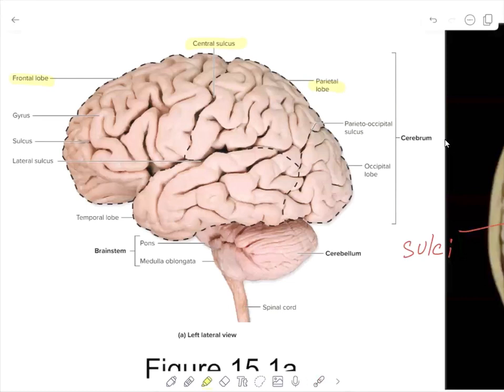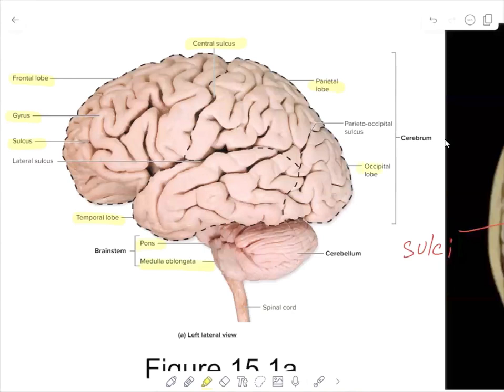So we would say that the frontal lobe is rostral to the parietal lobe because it's in front of it. Those bumps that I mentioned are called a gyrus, and the depressions are called sulci for plural, sulcus for singular. Some of the important ones, like the central sulcus, separate important functions of the brain. Other lobes shown in this diagram are the temporal lobe, the brainstem, which is the pons, medulla, and midbrain, which you can't see on this image.